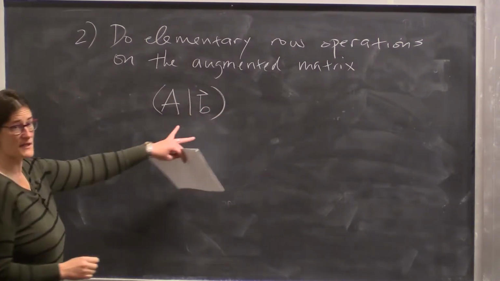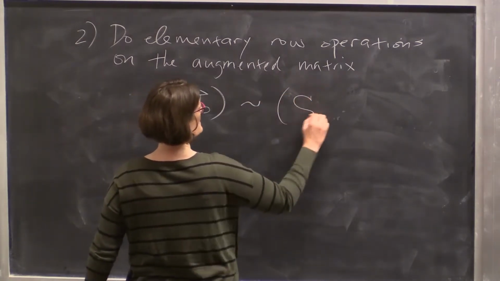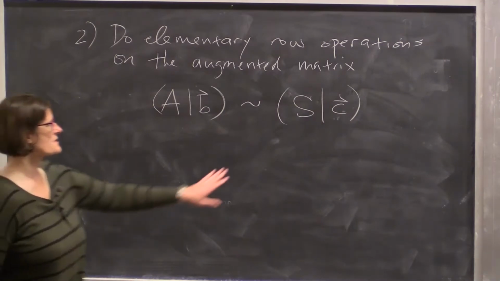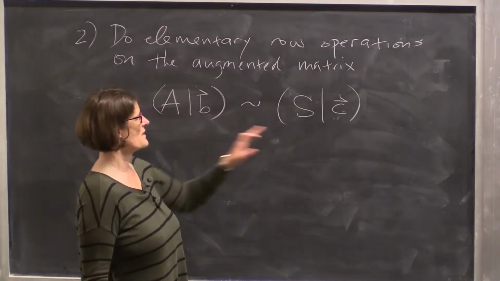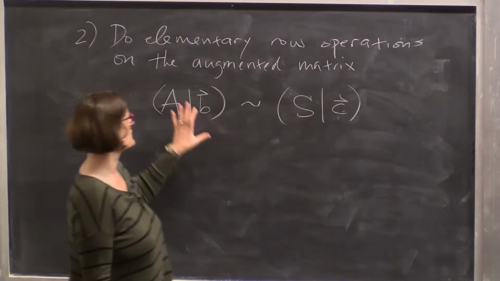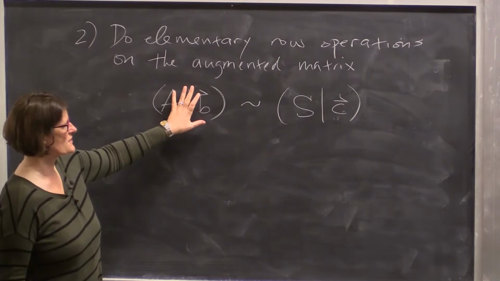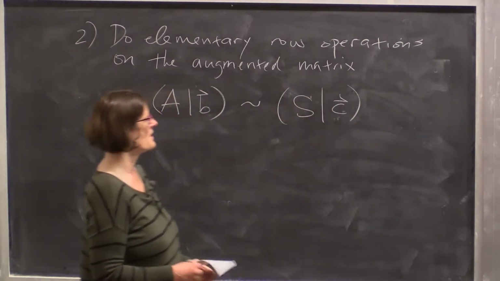You start with your augmented matrix, and then you find a second matrix. This is the coefficient matrix for an equivalent linear system. This is the right-hand side. So you start with the augmented matrix of your original linear system. You end up with an augmented matrix of a new linear system.